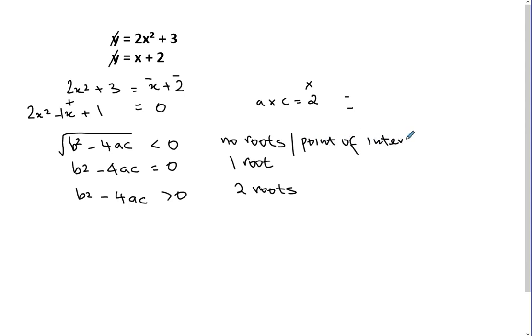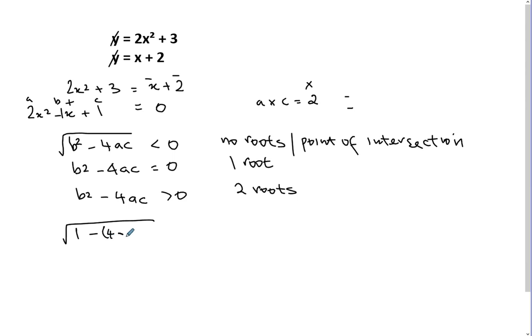And we can try it with these numbers. Okay, so your a is 2, your b is minus 1, and your c is 1. So b squared would be minus 1 squared, which is just 1. Okay, and then you've got minus, and I always put the 4ac in brackets, it just is easier to calculate.